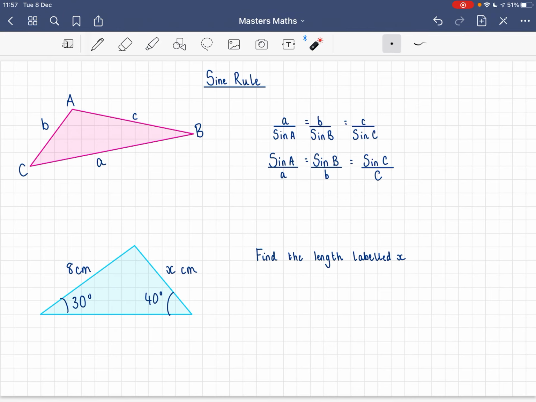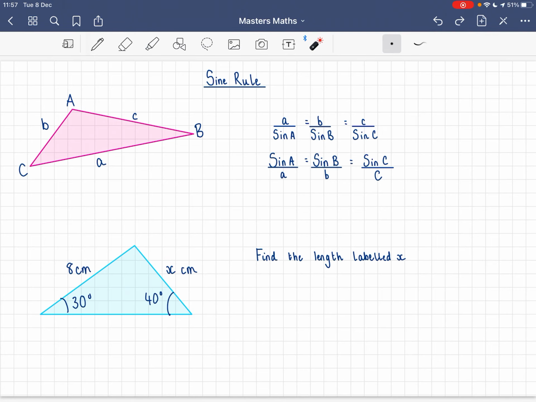So we have a triangle, we have two angles, we have two sides. If we check, they are side angle pairs. This x is opposite this 30, and this 8 is opposite the 40. So we have two side angle pairs. Yes, we have a missing piece of information, but that's the point.